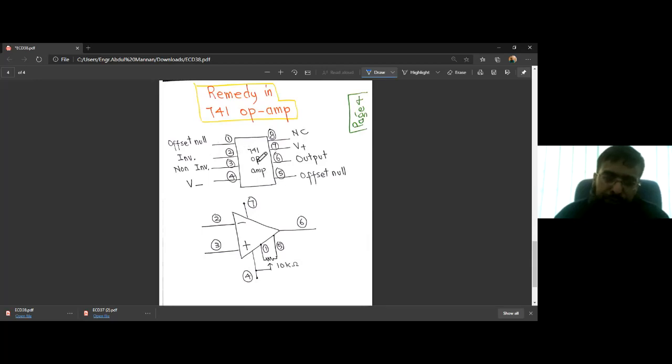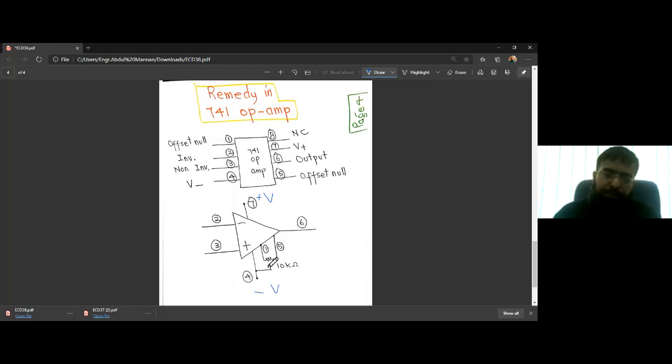So what we do is we connect a variable resistor of value 10k between 1 and 5. And the third terminal of the variable resistor is connected to pin 4, that is minus V. 7 is plus V, the supply voltage. So the third terminal is connected to minus V, and the other 2 terminals are connected between 1 and 5, and then we vary it.